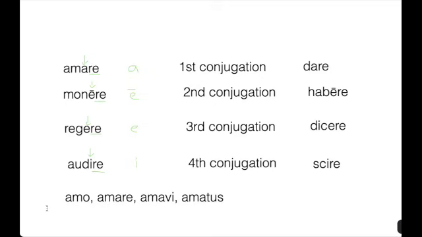Now, the infinitive, the form that we've been talking about, is going to be the second principal part. So you'll see it right here. It is the second one listed. And what each of these principal parts is used for would be another video. But the important thing to know is that you want to find that second principal part, the infinitive, and that will tell you which conjugation the verb belongs to.